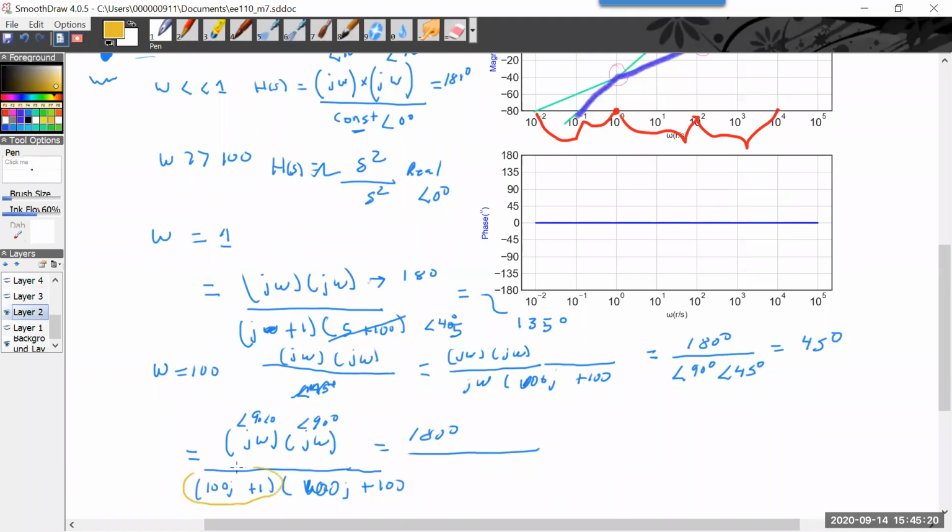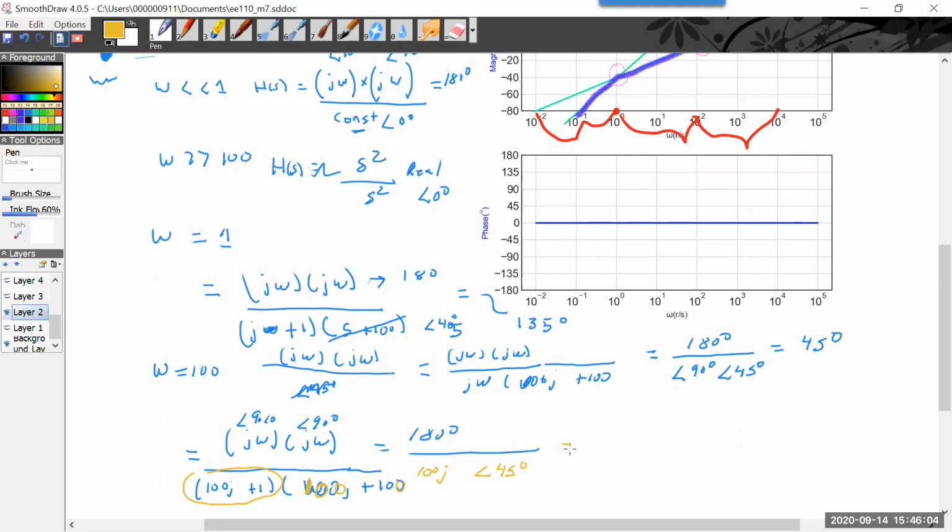Right, this is a lot bigger than that. And so 100j is a lot bigger than 1, or the magnitudes are. So it just becomes 100j, right? Here, 100j plus 10j, we don't really care about the magnitude at this point. We're just worried about phase. So that's 45, because the imaginary and the reals are equal to each other.